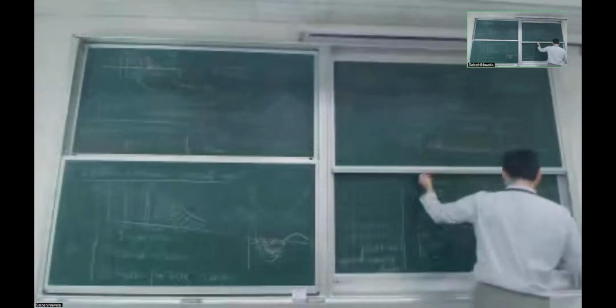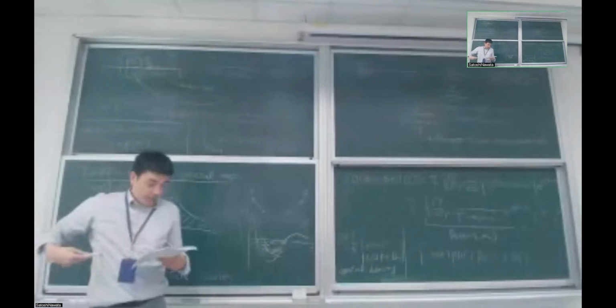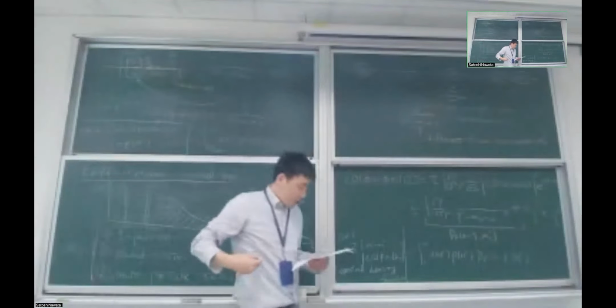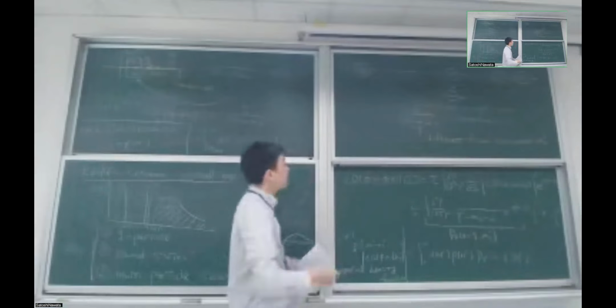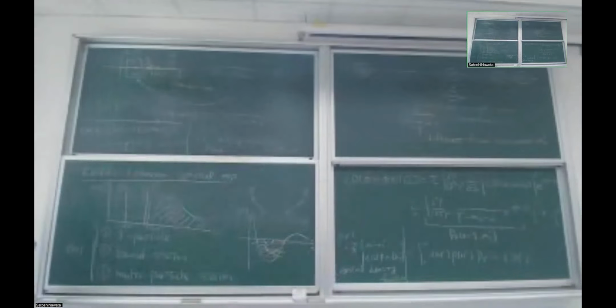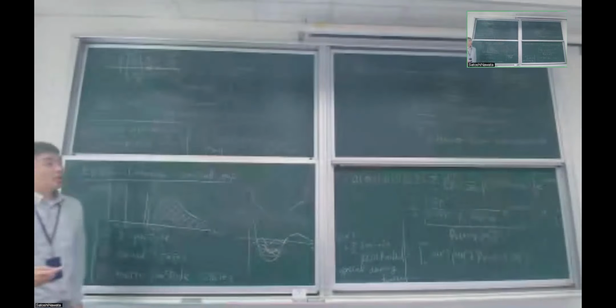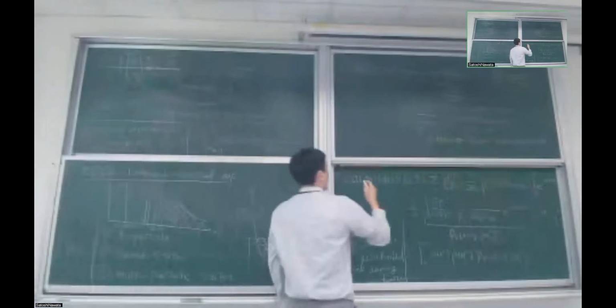Therefore, Z should be less than 1, so the field strength renormalization should be less than 1. And then we can apply the same thing to other fields. Here we only talk about the scalar theory, but you can also do the same trick.